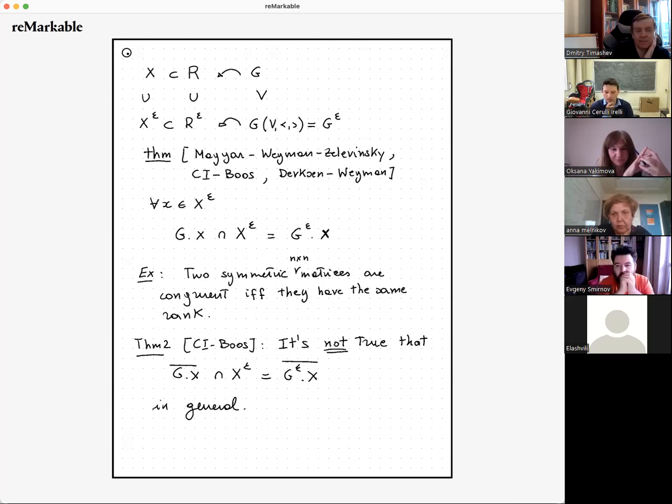Actually, the proof of Magyar and Mazzelewski uses some number theory argument. It's not difficult. And our proof uses group actions, but it's not a difficult theorem, but it's very surprising. Probably it's well known.